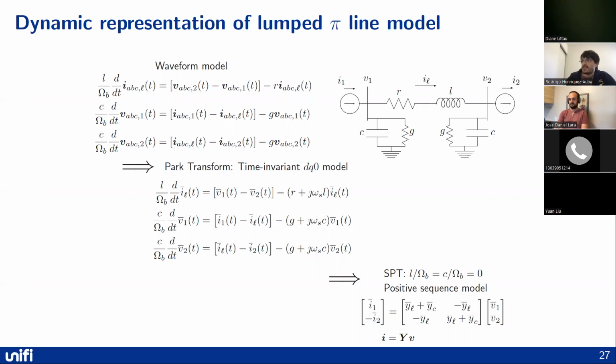What happens here is that from the original waveform model you end up with a relationship between voltages and currents that is just algebraic, based on the admittance matrix representation. These steps actually result in the same network formulation that is used in positive sequence simulations, in which the DQ components match the real and imaginary parts of the positive sequence phasor.